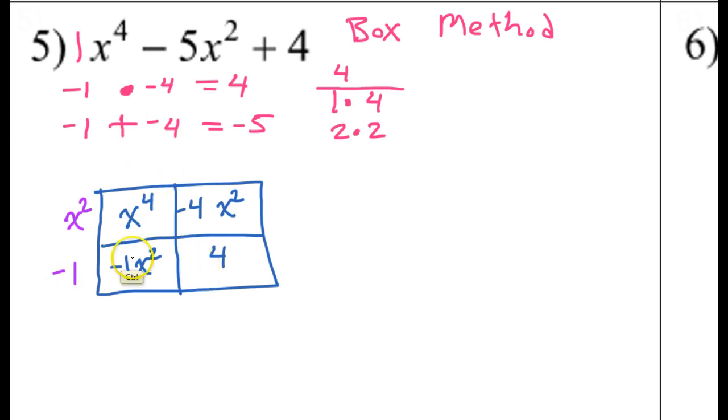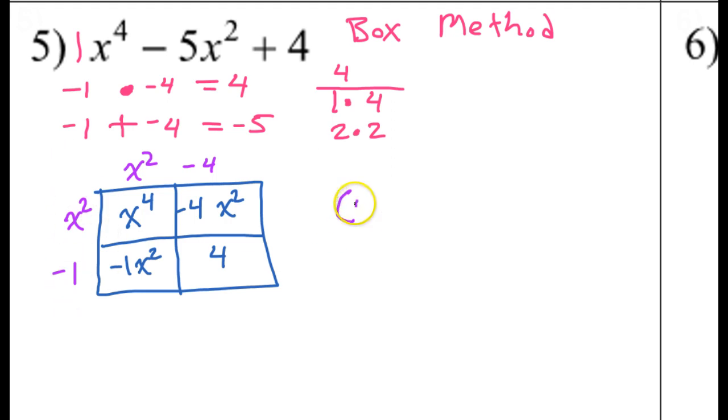Now the GCF of the first column is x squared, and the GCF of the second column is negative 4. Obviously, they're both divisible by 4. I'm going with negative 4 because the first term is negative.